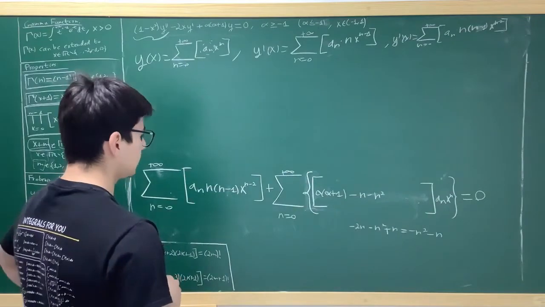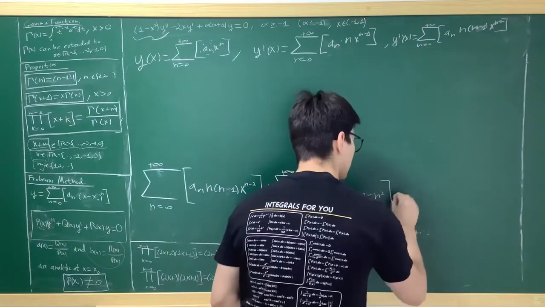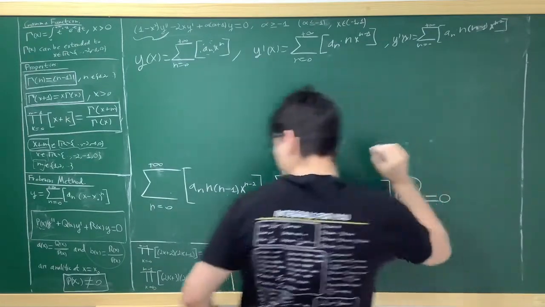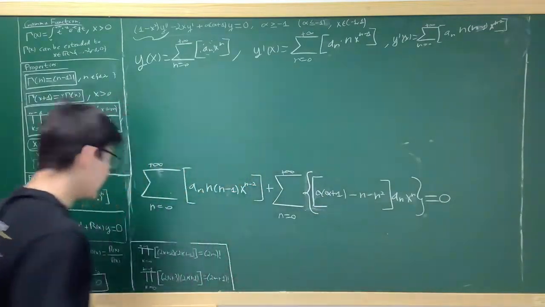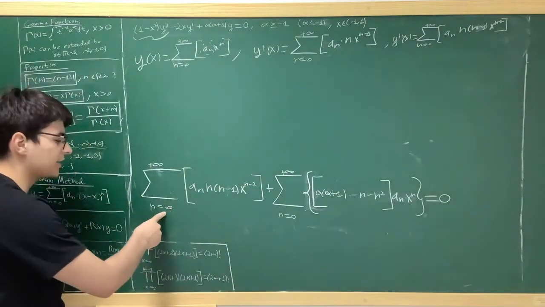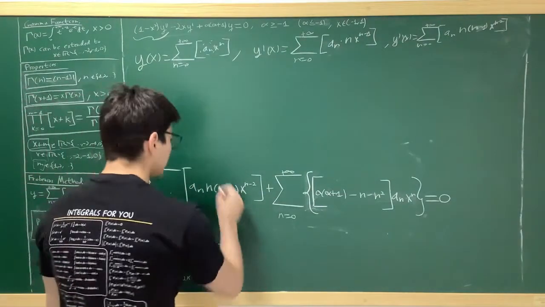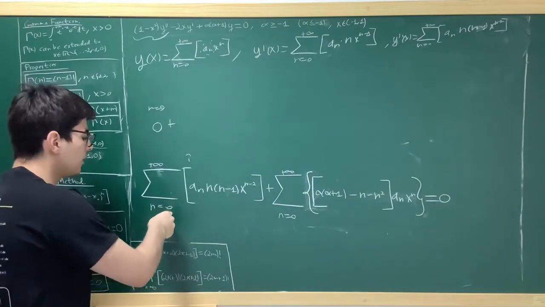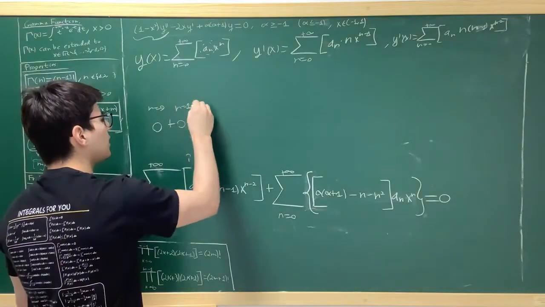And yeah, let me just write this out better. So we have an xn, and this is equal to 0. So this is what we have. Another thing we can do is notice that here, what is the first term? The first term, n equals 0, is 0. So this would be 0 for n equals 0, plus, when n equals 1, this term goes to 0, so all this is just 0 from n equals 1.